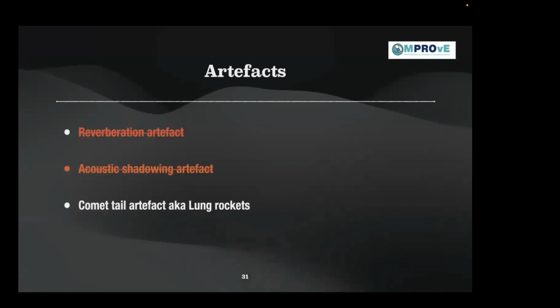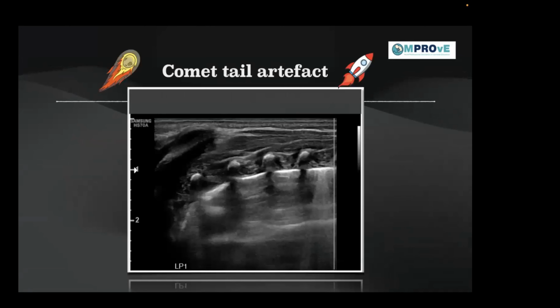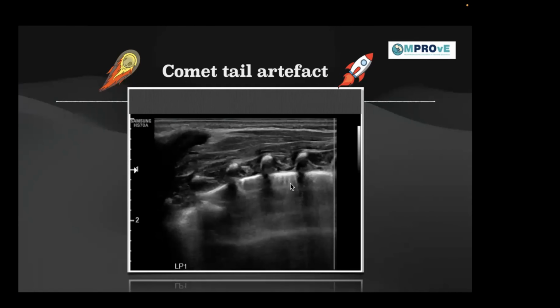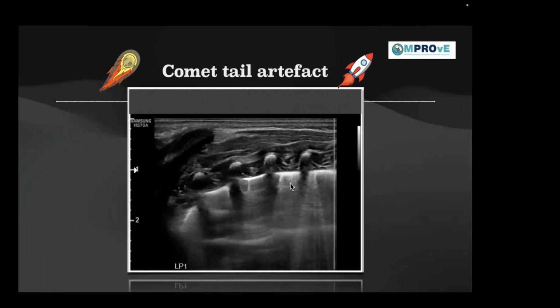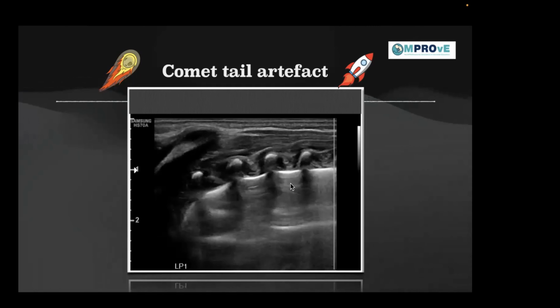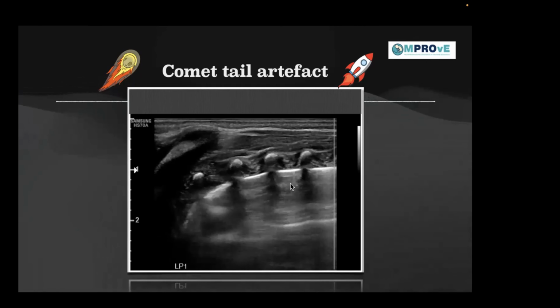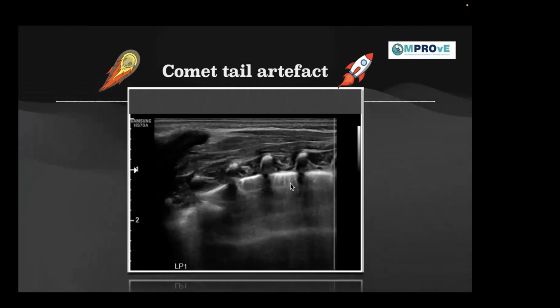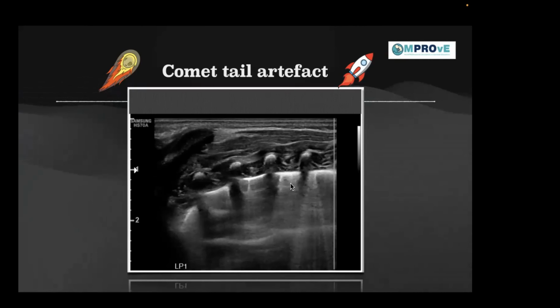Comet tail artifacts are also known as the lung rockets. Again, you can imagine all sorts of things. So this is what I'm talking about. Consider comet tail or the lung rockets as a precursor of the B line. So there is some fluid, maybe some drops of fluid. It's not enough to generate that kind of a reverberation so that it reaches all the way to the bottom of the screen.